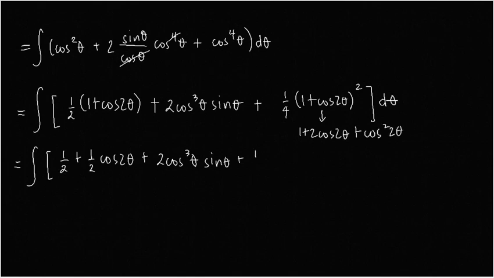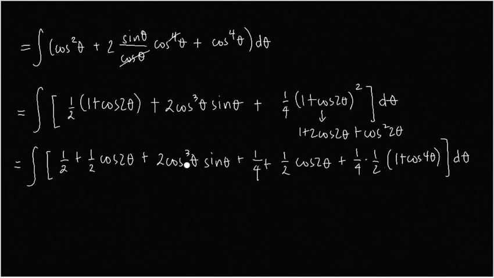So we have here 1/4 plus 2 divided by 4 is 1/2 cosine of 2 theta plus 1/4 of cosine squared of 2 theta, which can be further expressed as 1/2 times 1 plus cosine of 4 theta. Close natin ito, then this is d theta. Then 1/2 times 1/4 is 1/8 na.